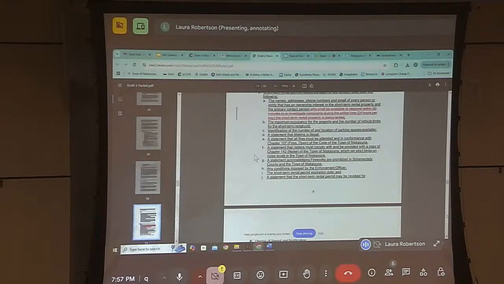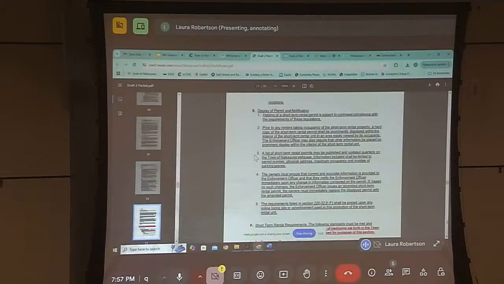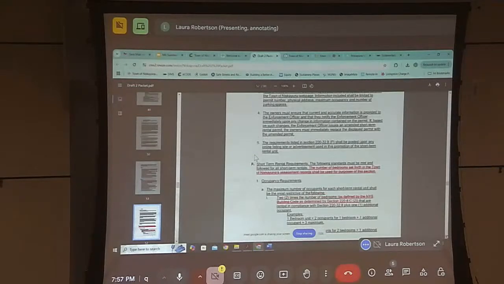There was also a removal of the requirement that someone be available to respond within an hour, 24 hours a day, 7 days a week, because if something is happening, we need to be able to contact them. The restriction on the number of bedrooms was removed in a different version, but I can tell you that was actually not removed by the town board.